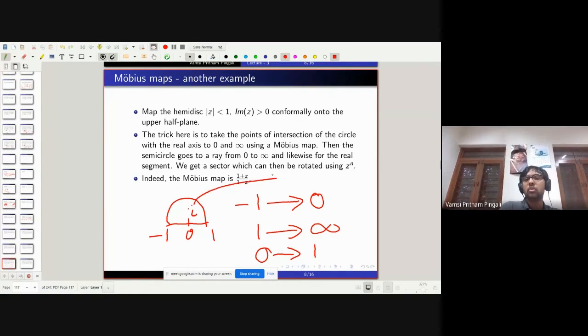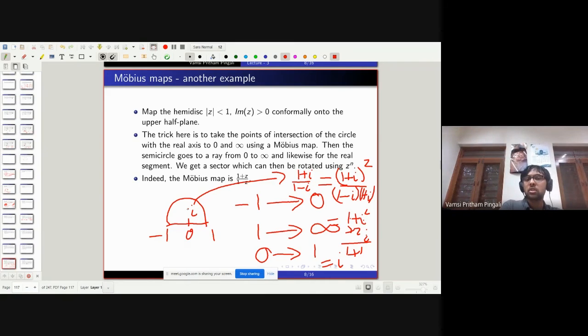Let's see where some point inside goes. i goes to 1 plus i over 1 minus i, which is what? If you multiply by 1 plus i and divide by 1 plus i, this is (1 plus i) squared, which is 1 plus 2i plus i squared, divided by 1 plus 1, which is 2. The real part is 0, so this is just i.